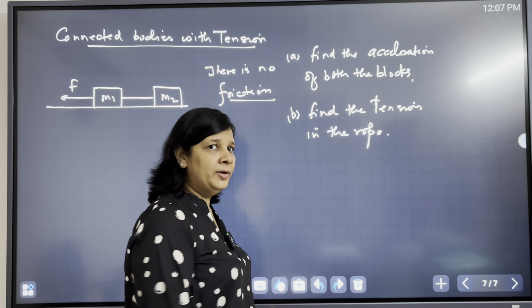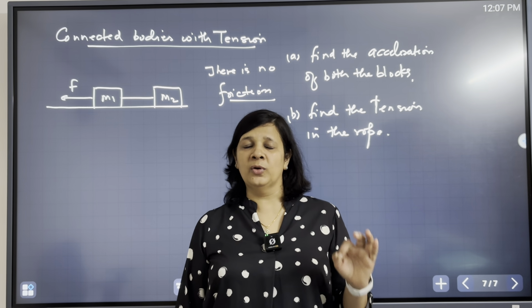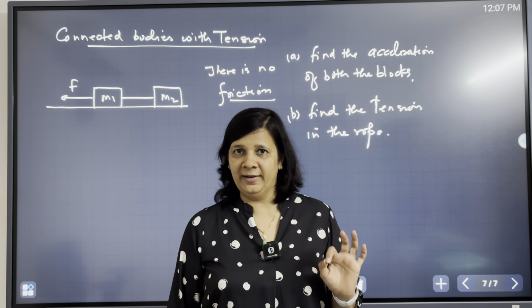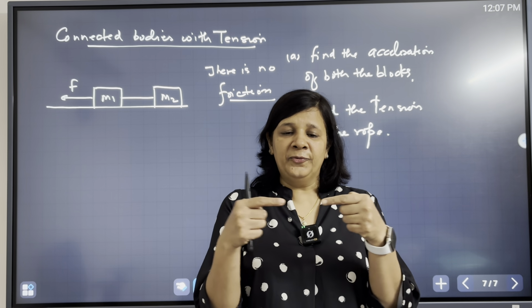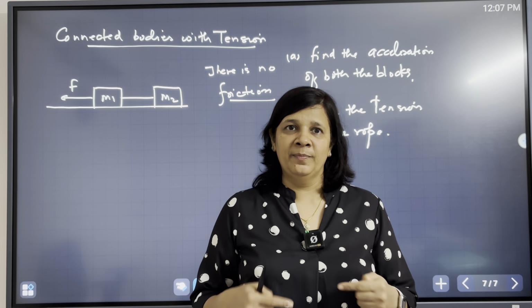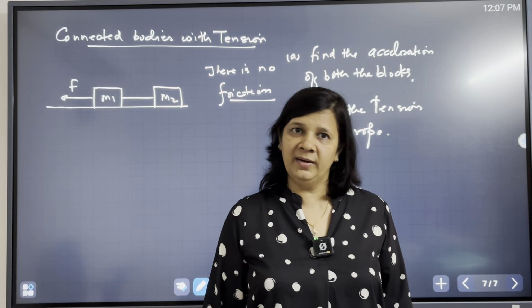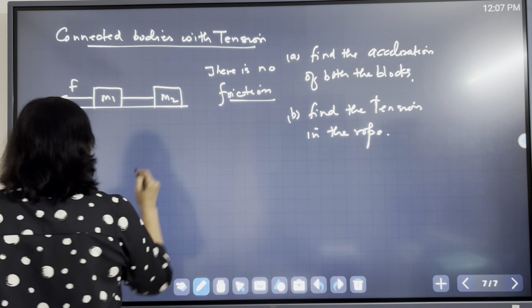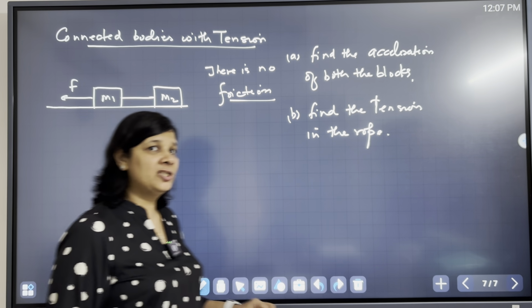Okay, I told you all that whenever there is a case of connected bodies, we make use of the free body diagram, right? And always the forces between the two blocks are internal forces and they always are equal and opposite, right? Now here, first of all, we have to find the direction of tension.